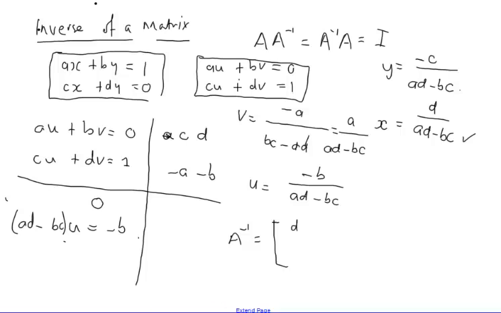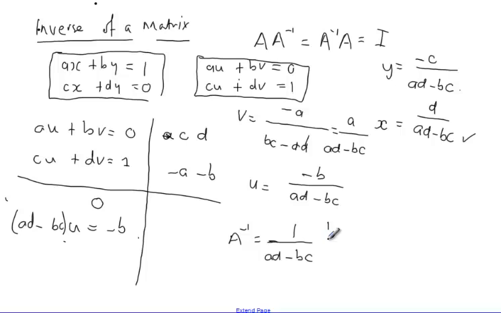Okay, let me do this now. I want to check with you something. Do you see that we've got a common factor 1 over AD minus BC on all the entries? Let me take it out. Like I said, we can multiply matrices by a number. So let's take that number out.